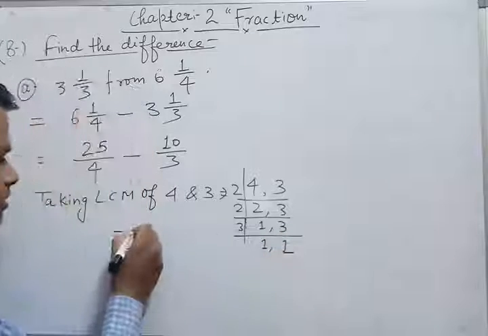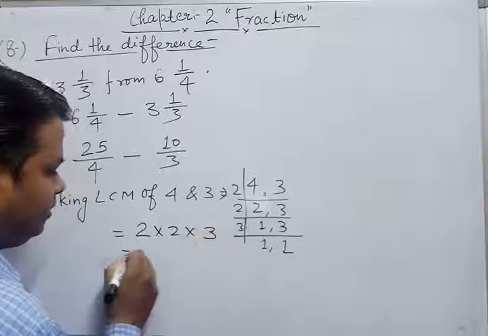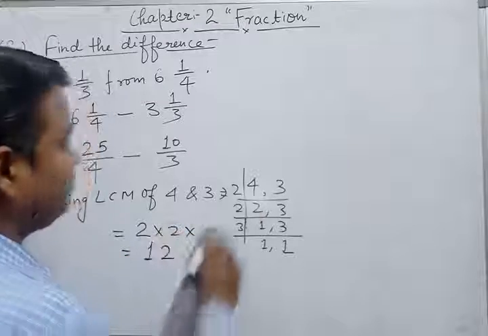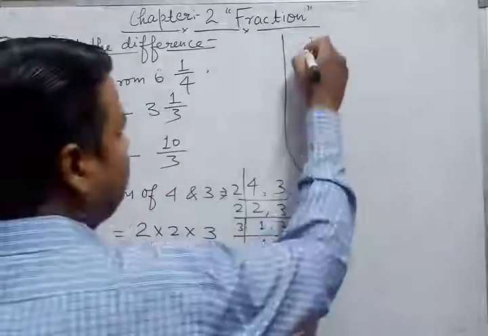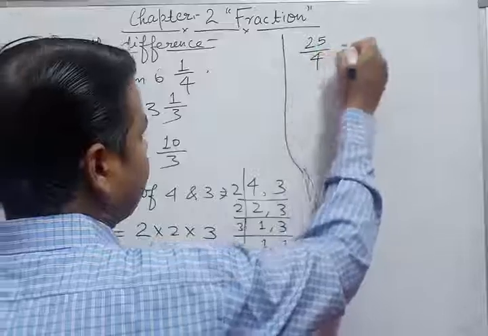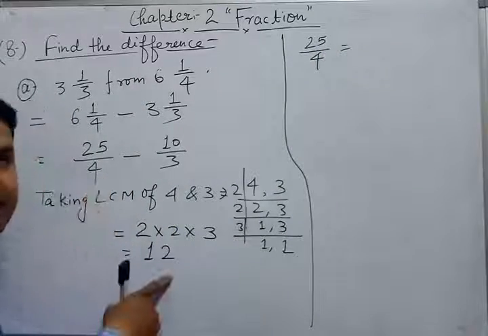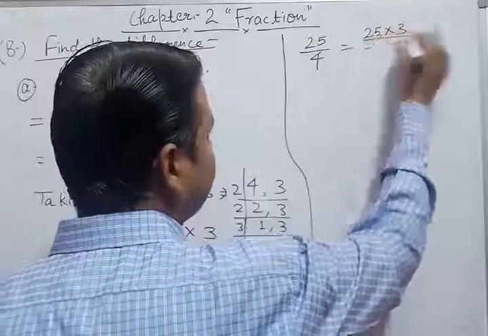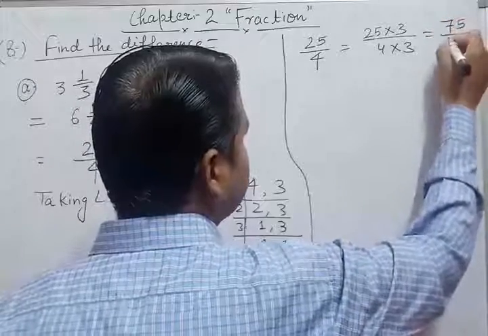Then we will get the LCM of 4 and 3 is 2 multiply 3, and 2 2s are 4, 4 3s are 12. Now we have to convert this fraction 25 upon 4. We have to convert this fraction into an equivalent fraction with denominator 12. Then we can write 25 into 3 upon 4 into 3. Then we will get 75 upon 12.